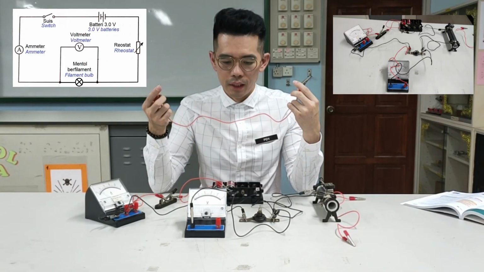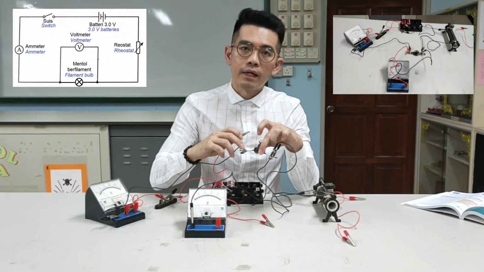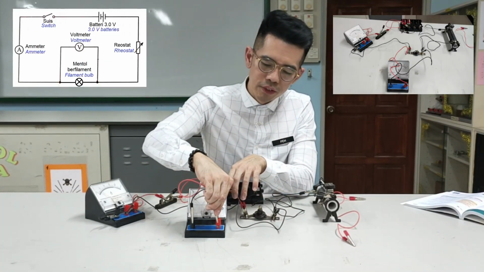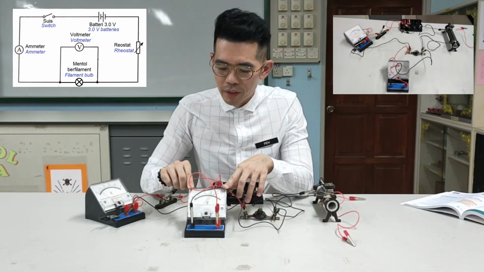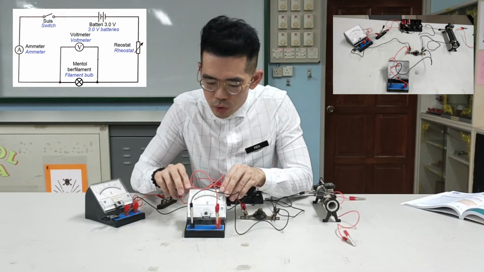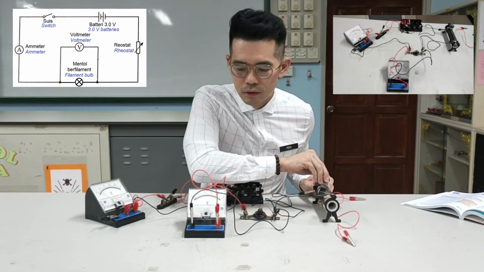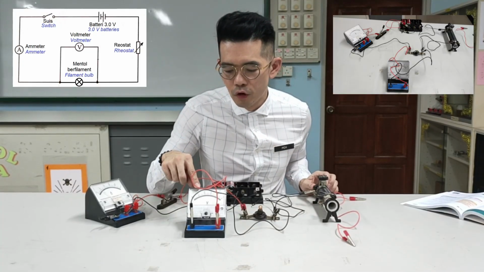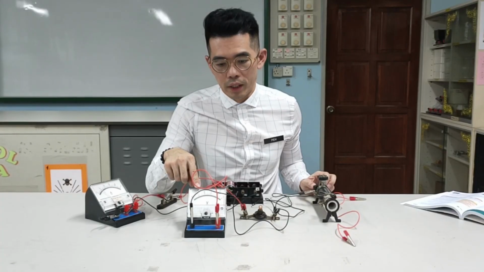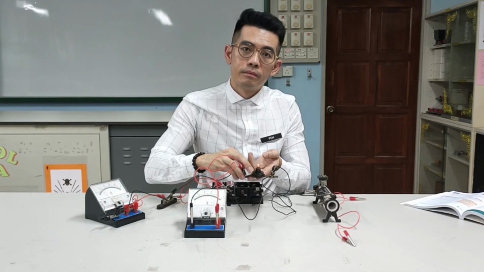And then the positive side, the other side of the bulb holder, goes to the positive terminal of the voltmeter, which is the red button. Close your switch. You may adjust the rheostat. You can see the voltmeter is deflected, showing that the connection is successful, and you can see the bulb is also lit up.